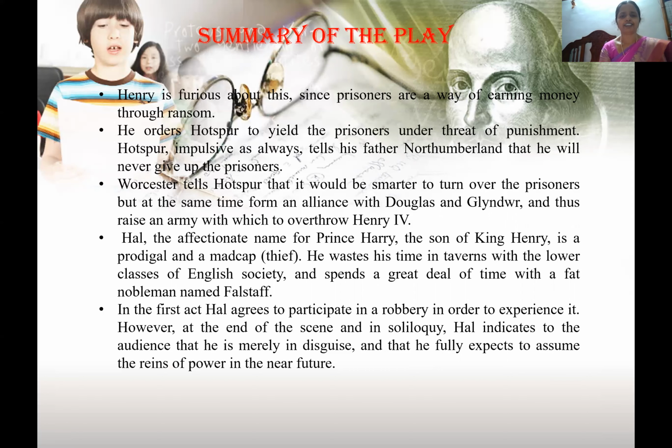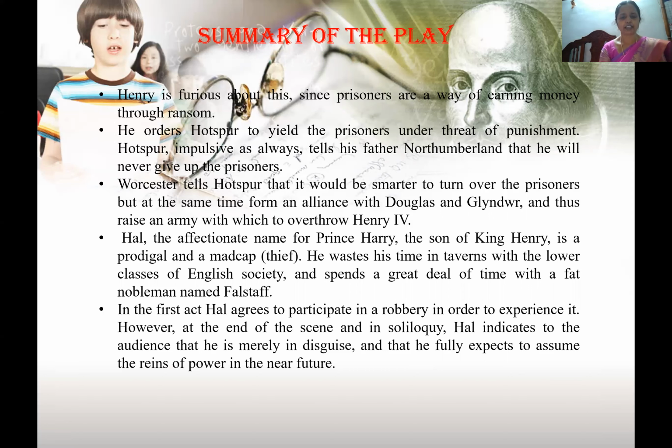Hal, the affectionate name for Prince Harry, the son of King Henry, is a prodigal and madcap. He wastes his time in taverns with the lower classes of English society and spends a great deal of time with a fat nobleman named Falstaff.